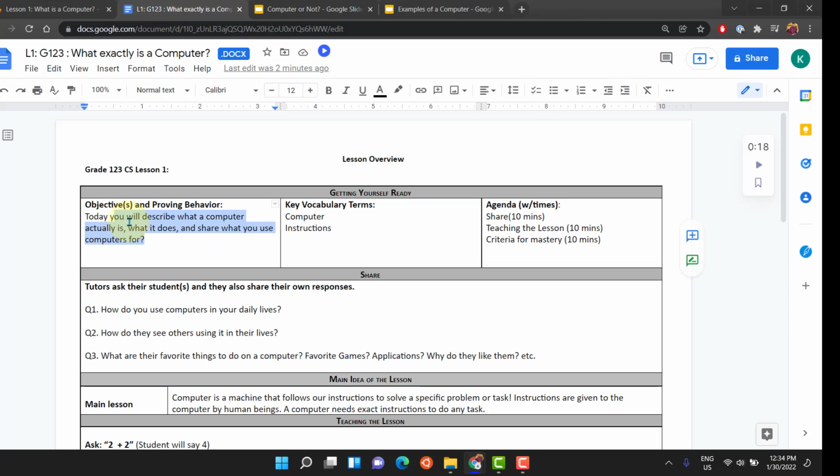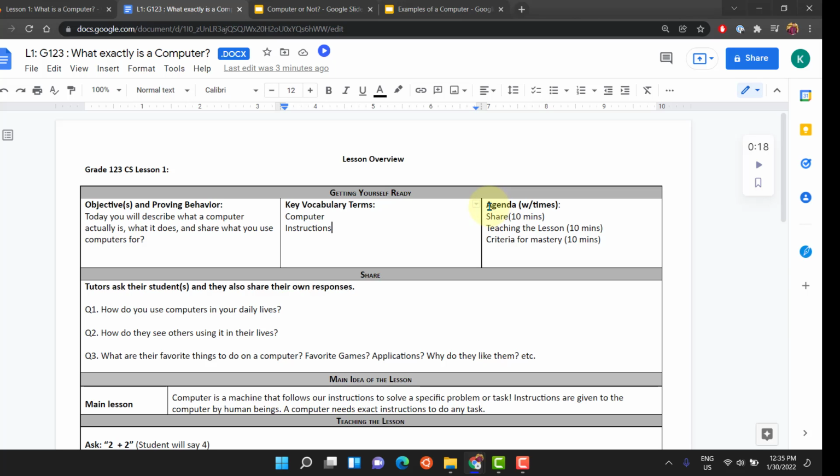You will find the objective here: at the end of this, you want your student to describe what a computer actually is and what it does, and at the end, you both should have shared what you use computers for. The key vocabulary terms you should know are computer and instructions. At the end of this lesson, you want your students to know these 2 words as well.